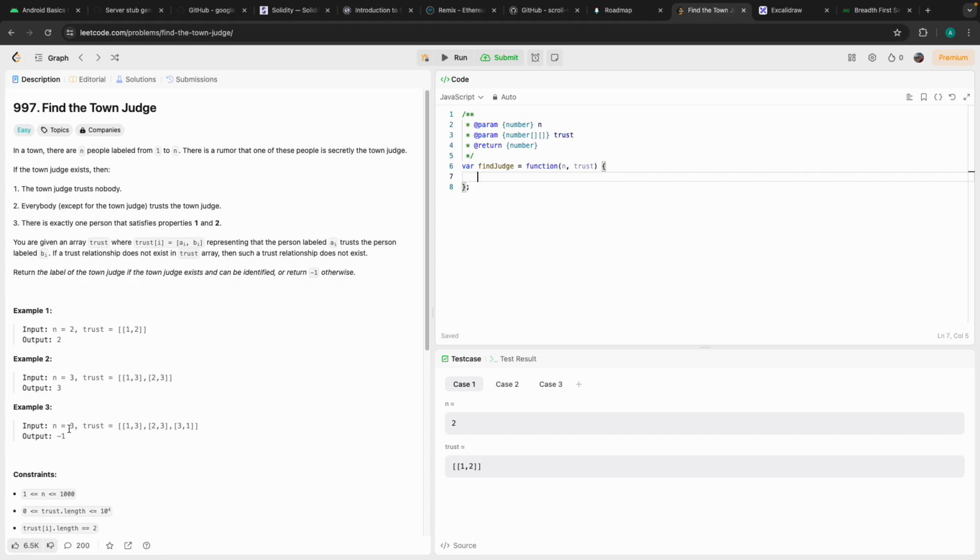So if the array length does not equal n minus 1, then we return minus 1. Trust length does not equal n minus 1, return minus 1.